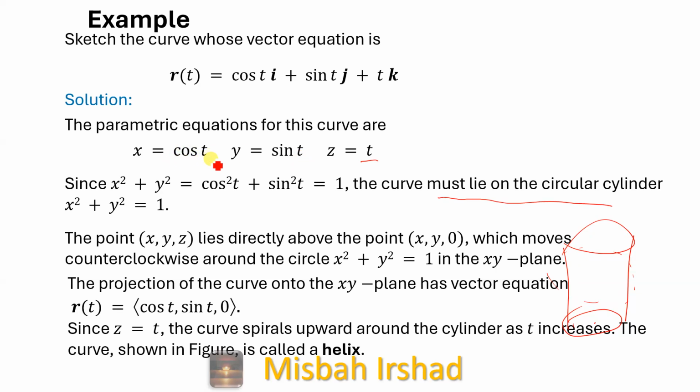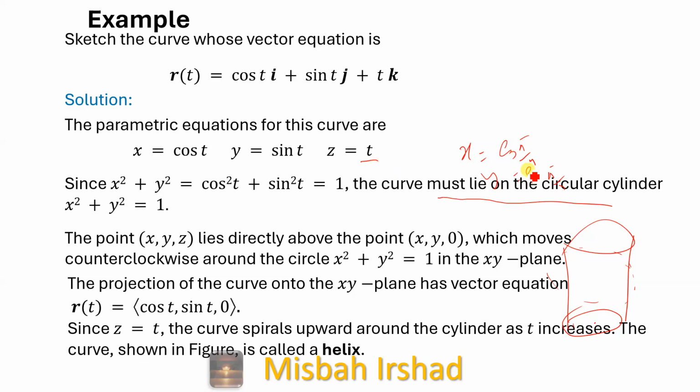Similarly, cosine pi by 4 is also square root 2 over 2. We'll draw this point on the xy plane: x is equal to cosine pi by 4, y is equal to sine pi by 4, and we'll give height to this point along the cylinder. So that height in this case would be pi by 4.